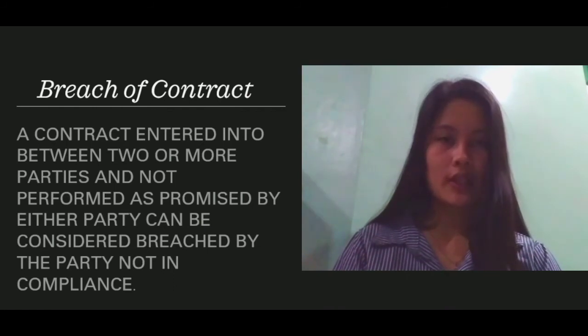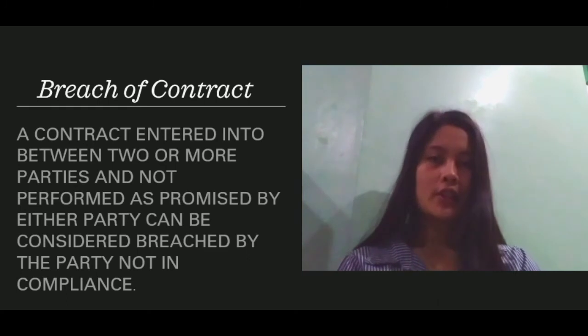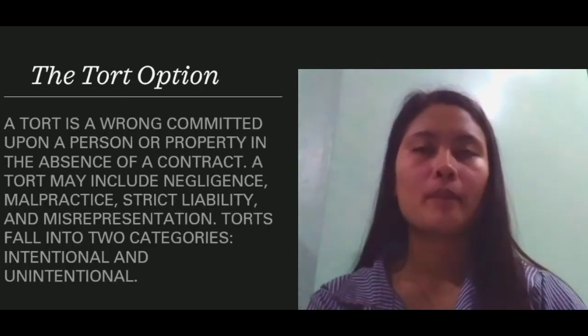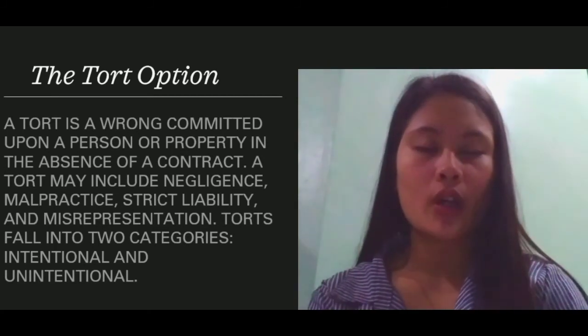Breach of contract. A contract entered into between two or more parties and not performed as promised by either party can be considered breached by the party not in compliance. The third option.